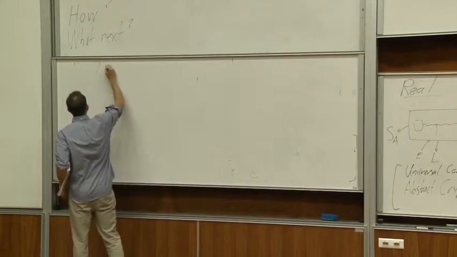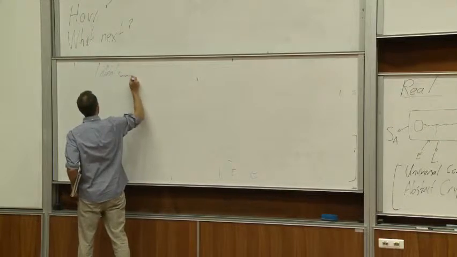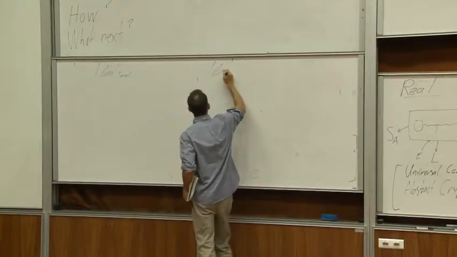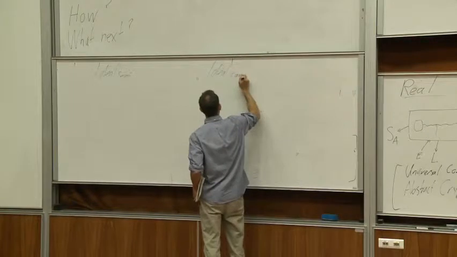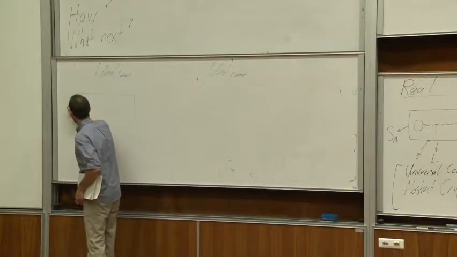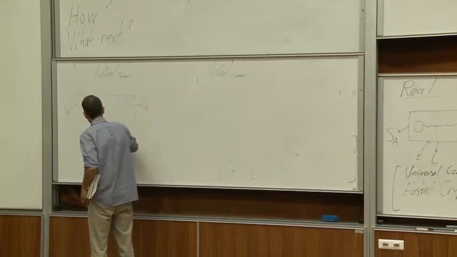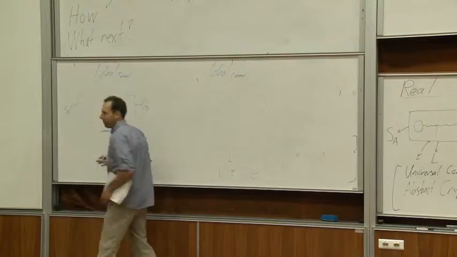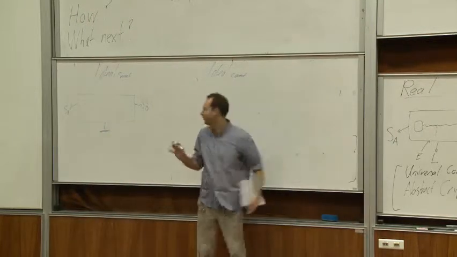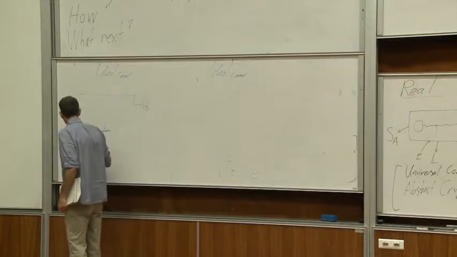So we could have an ideal system that I call secret and an ideal system that is correct. The ideal secret one would be one where I get some key out at Alice's side and Bob's side, and I have nothing going to Eve. I would also add this red stuff, but I don't draw it now. But we have only the requirement that there is no leakage to Eve.